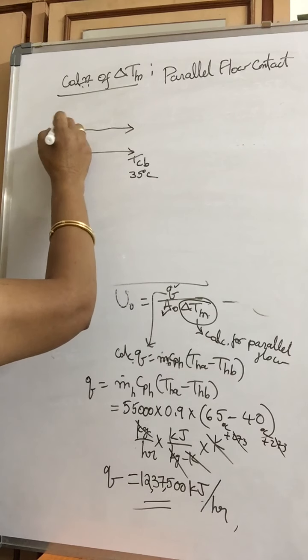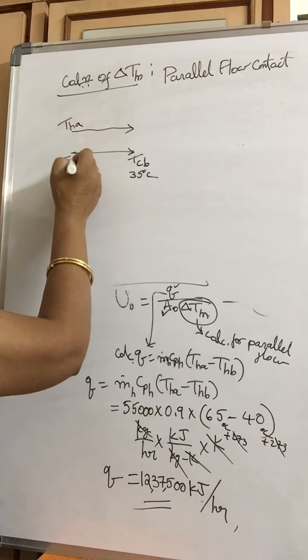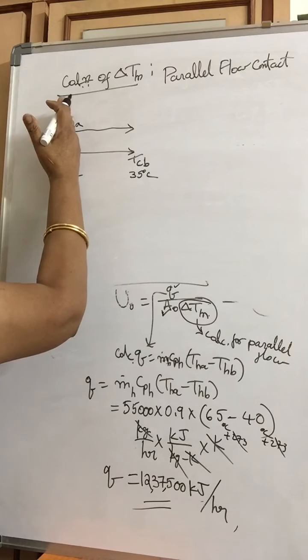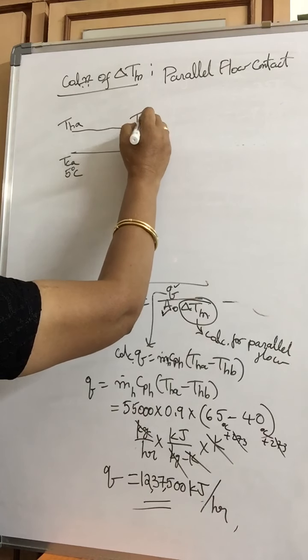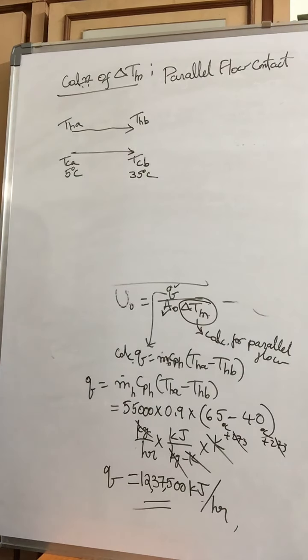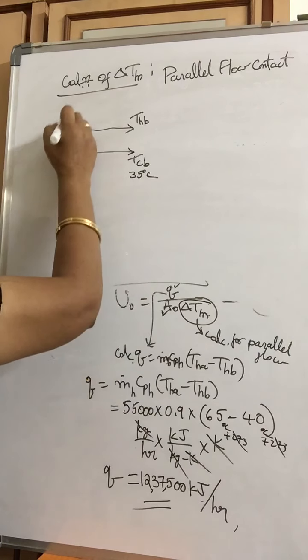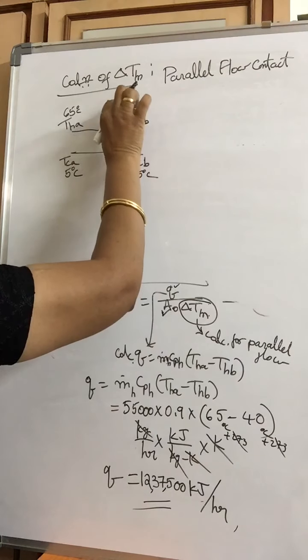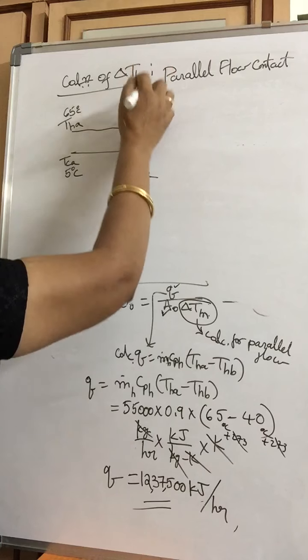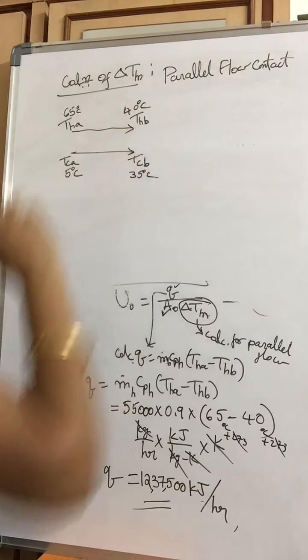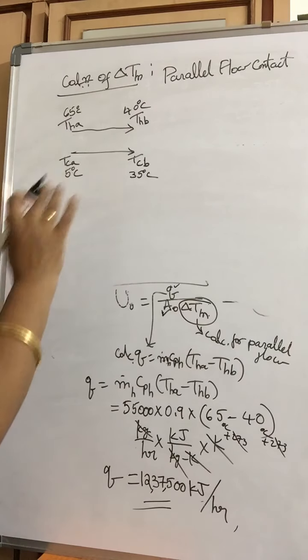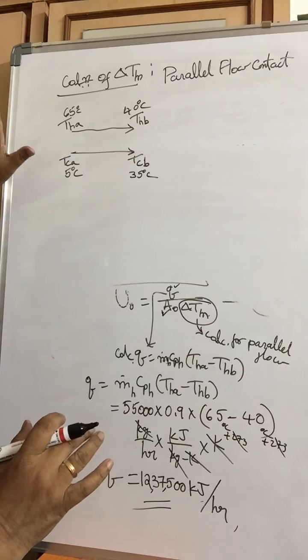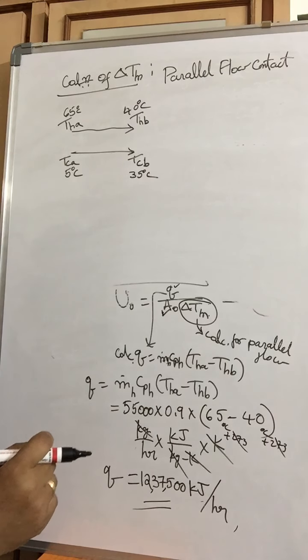Hot fluid entering, cold fluid entering at the same end of the exchanger. So this is THA, and this is THB. And how much is the TH value? That is 65 to 40. So this is 65 degrees centigrade and this is 40 degrees centigrade. Okay. Like that, if you draw just these 2 lines, it's enough. You can calculate LMTD very correctly.